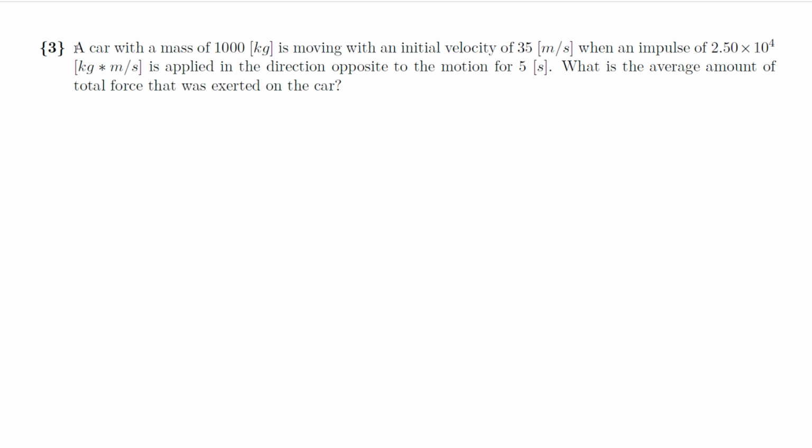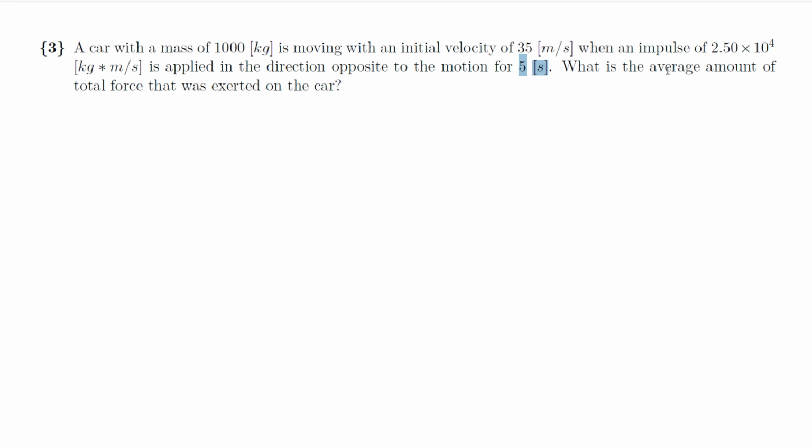So 3. A car with a mass of 1,000 kilograms is moving with an initial velocity of 35 meters per second when an impulse of 2.5 times 10 to the 4th kilogram meters per second is applied in the direction opposite to the motion for 5 seconds.